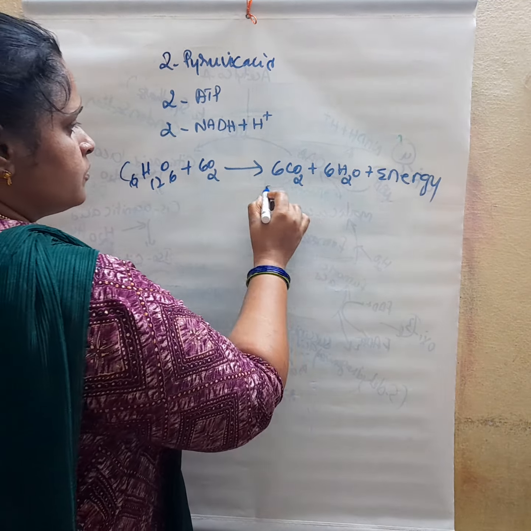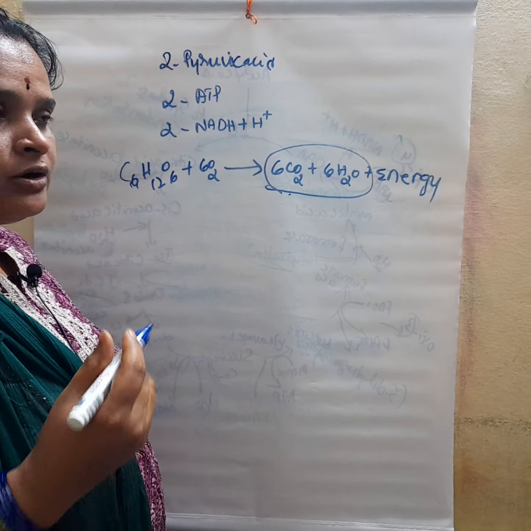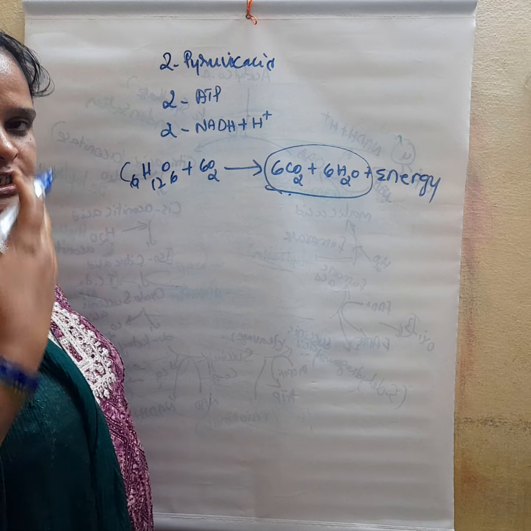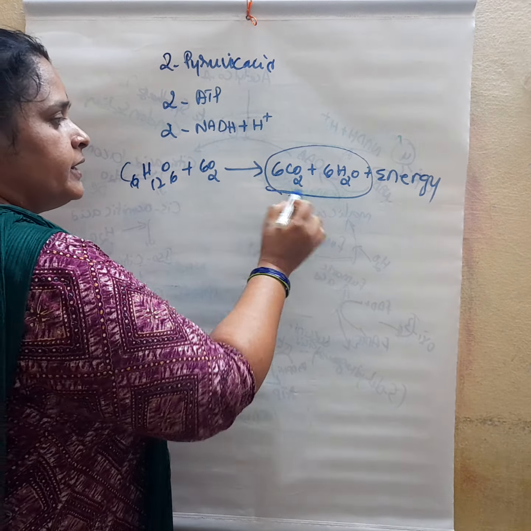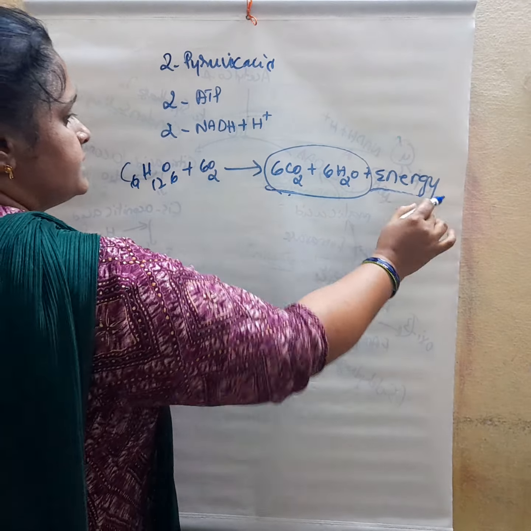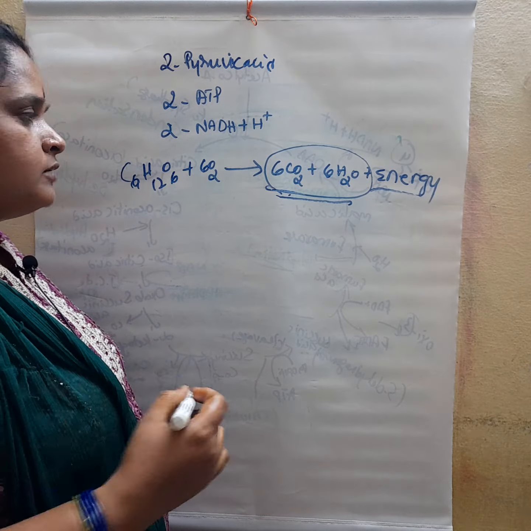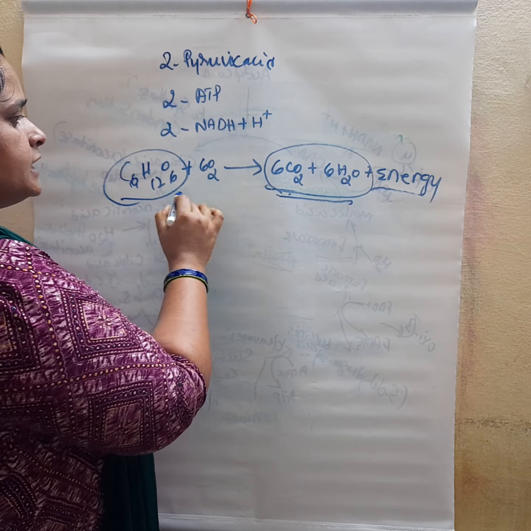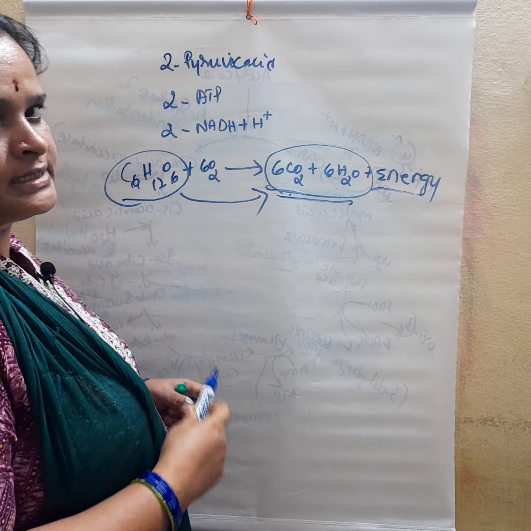Ultimately we have to get carbon dioxide, because inhalation is over and oxidation takes place. After that, carbon dioxide is expelled, water molecules are formed, and energy is formed. That is the ultimate product. This glucose is ultimately converted into carbon dioxide and water. How it is formed, we'll discuss.